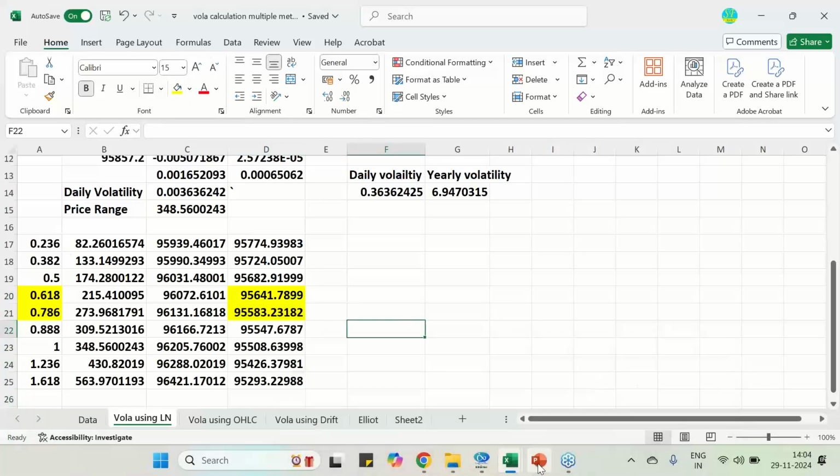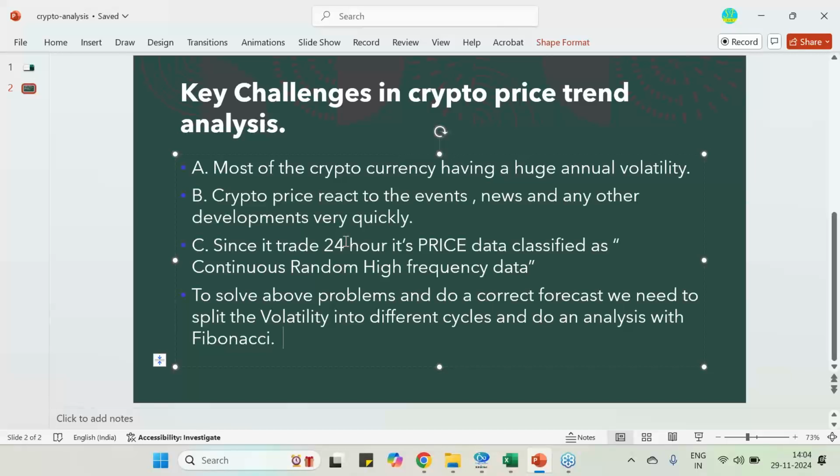So very clearly try to understand, the crypto market is not like the equity or index market. It has many unique factors. The first unique factor is that it is a 24-hour market. Second, it reacts to event news very quickly, and it has a huge annual volatility. So we cannot use indicators and oscillators just like that.